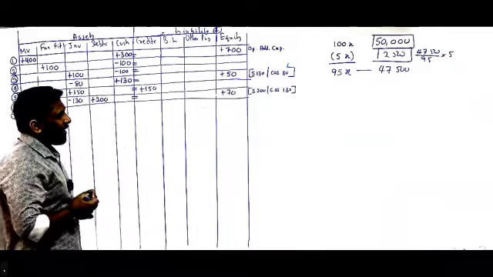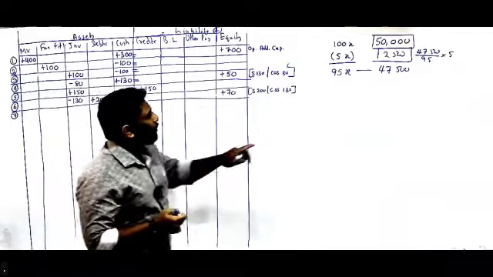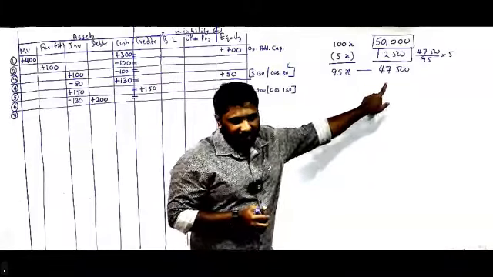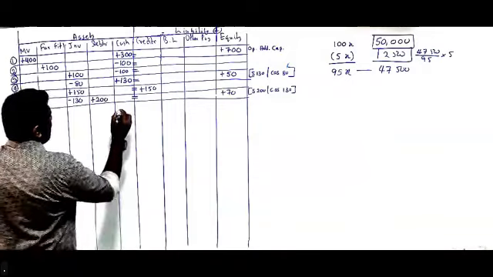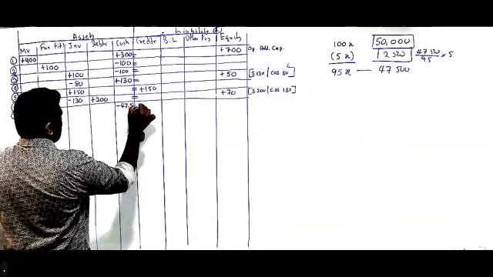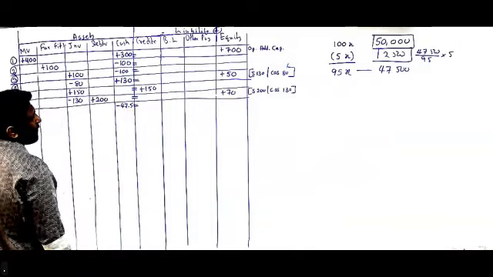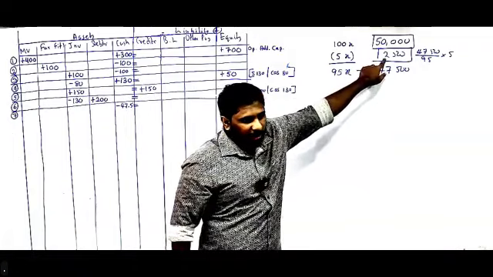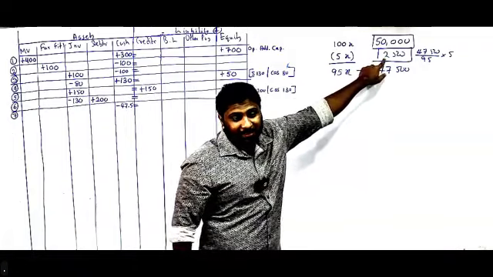Let's record one by one. How much you paid? 47,500. Cash reduction 47,500. How much is the discount received? 2,500.